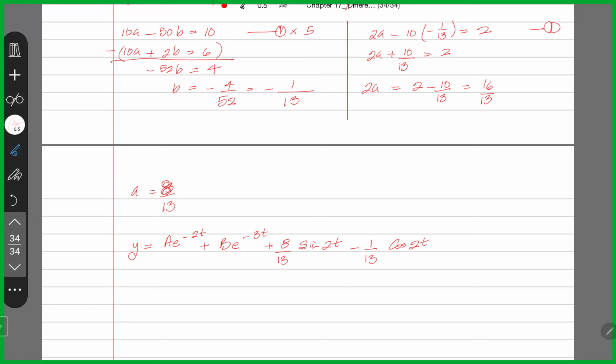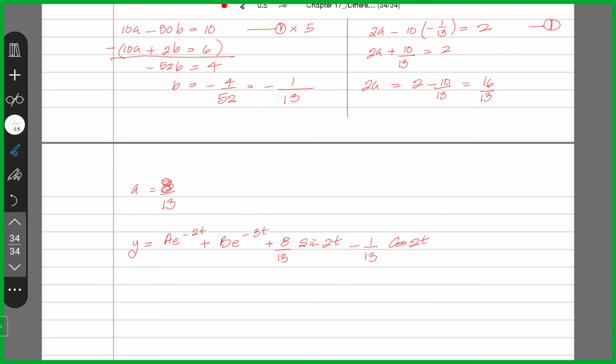But initially, we're asked to solve the differential equation to find x in terms of t. What we have is y in terms of t, but y is actually equal to x squared.